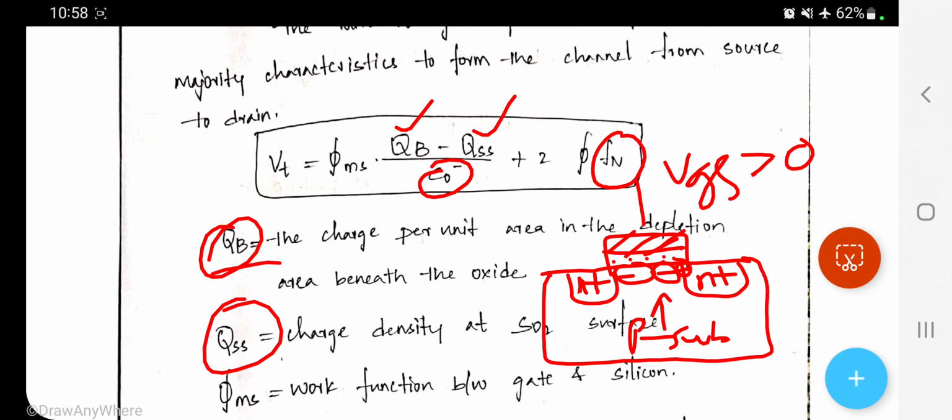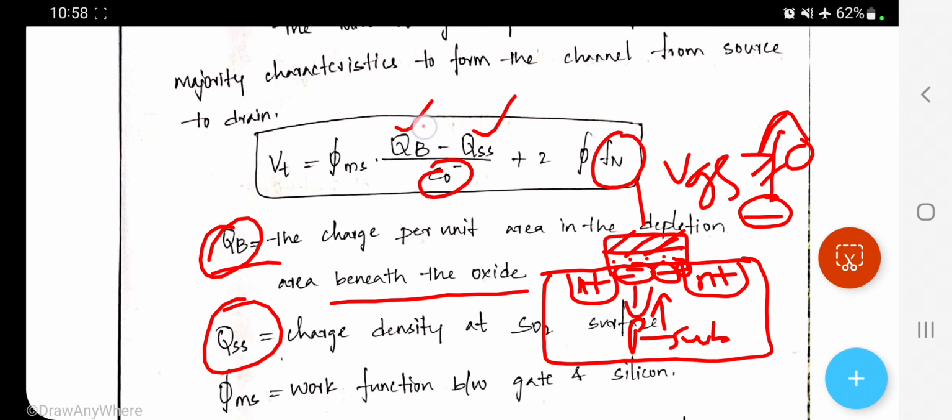The charge per unit area in the depletion region, here you are going to have the area beneath the oxide. So these are immobile bulk ions, that's why QB is the bulk charge, beneath the oxide. Initially before the channel is formed they come. So these negative charges repel the electrons downwards. So the required VGS is going to increase because of the presence of these negative immobile ions.